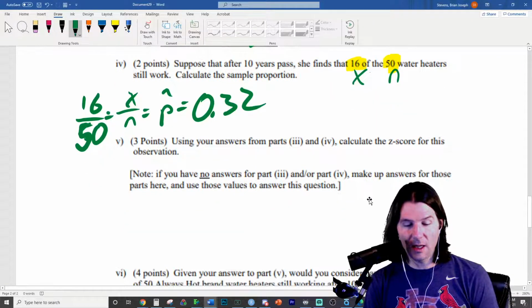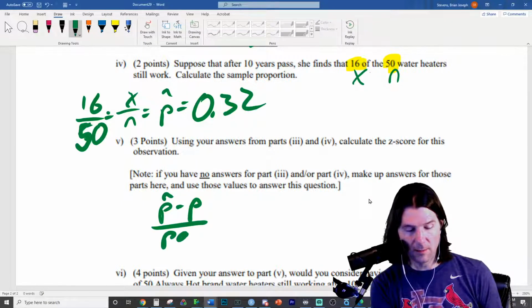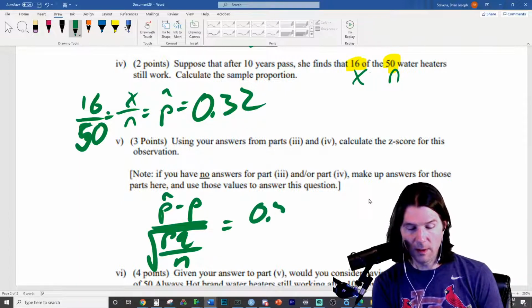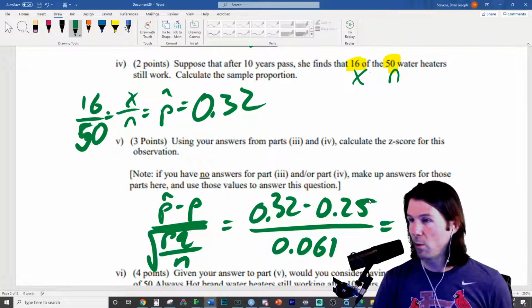Using your answers, calculate the z-score. The z-score is going to be p hat minus p over the square root of p times q over n. Now we're just going to plug in the numbers we have: 0.32 minus 0.25 over 0.061. Hopefully we can see that's going to be a little over 1 standard deviation.